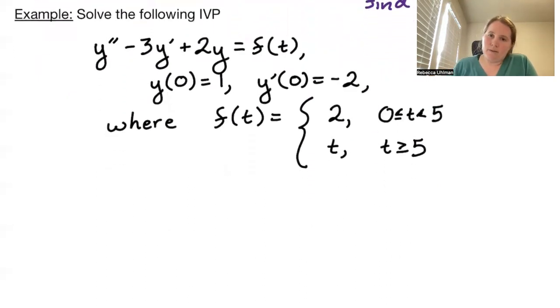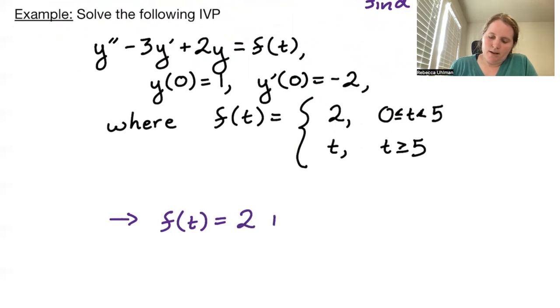So what we get then is that f of t is equal to 2, technically we could use 0 if we want, but we can just use 2.